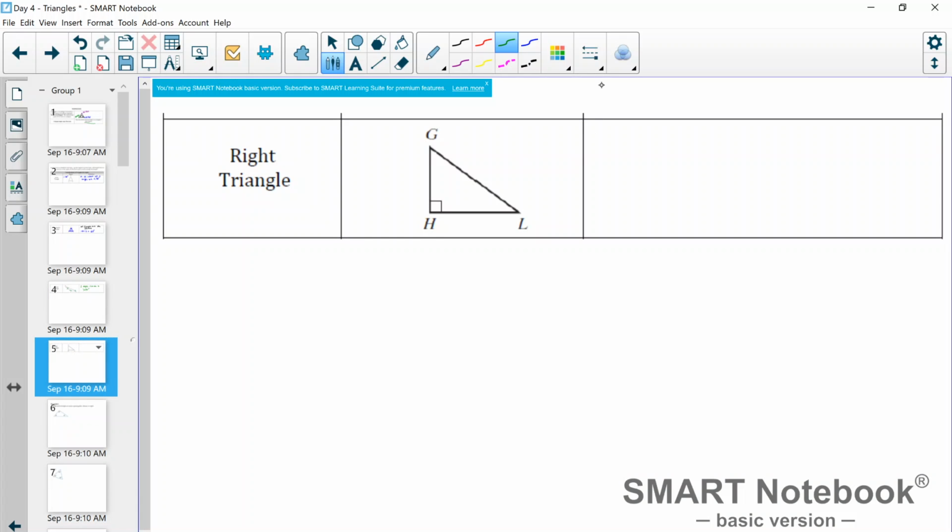And a right triangle is a triangle that has a right angle, or 90 degree angle. So in this case, we see the little square here. We have angle H. It's a right angle, therefore we have a right triangle.